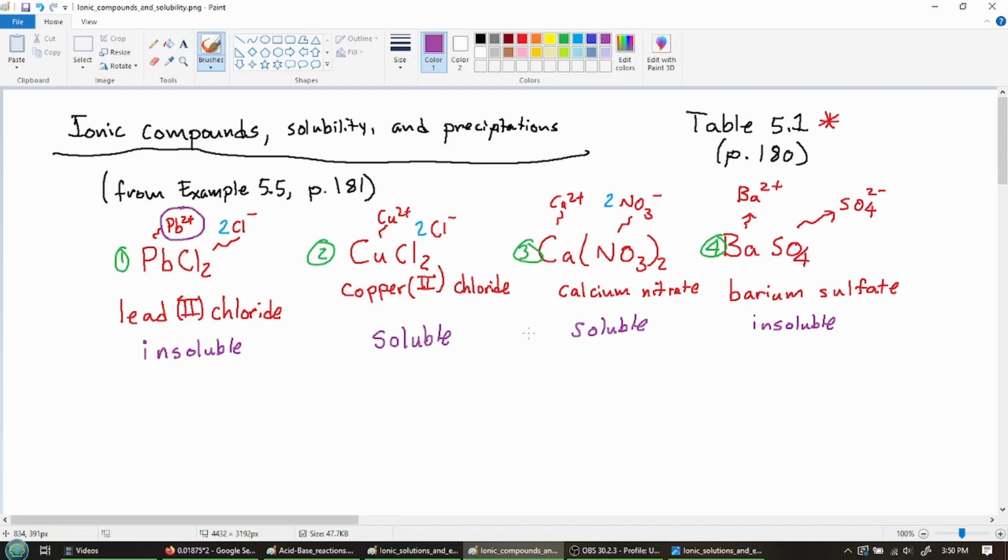Well, on row 2 of the table, it looks to me like if something contains nitrate, it's going to be soluble. So potassium iodide, the thing that the hand is holding, and lead 2 nitrate, the clear liquid in the flask, are both completely soluble ionic compounds.